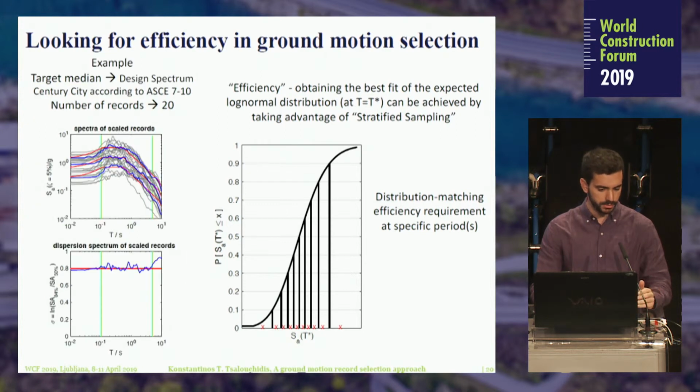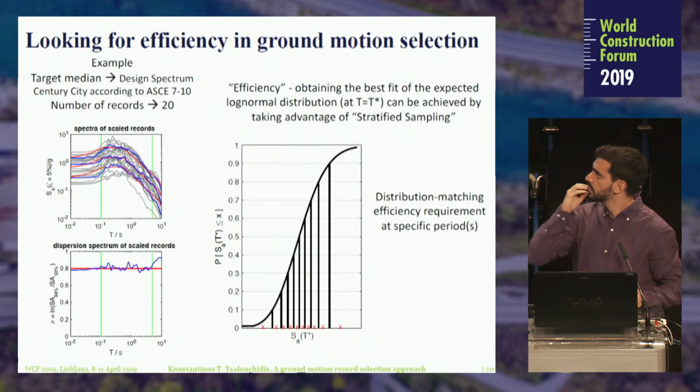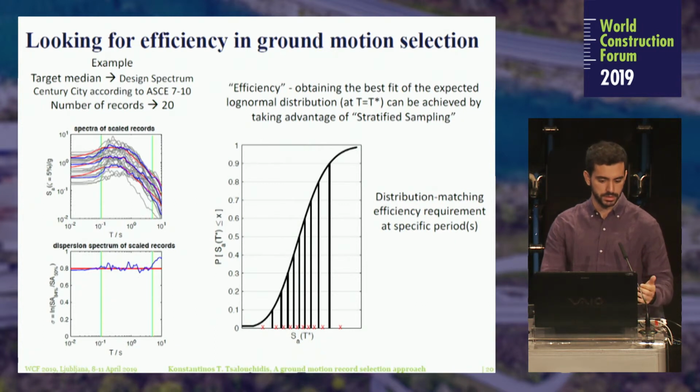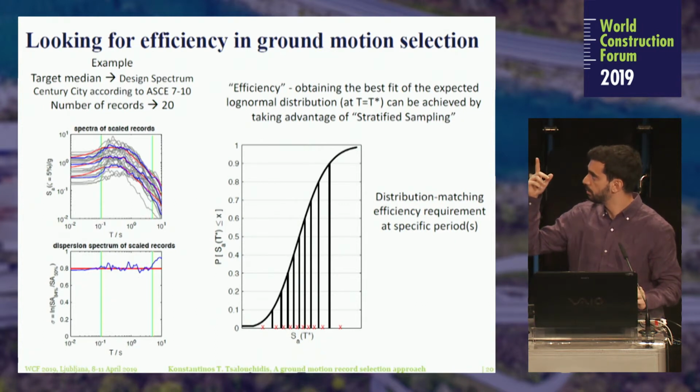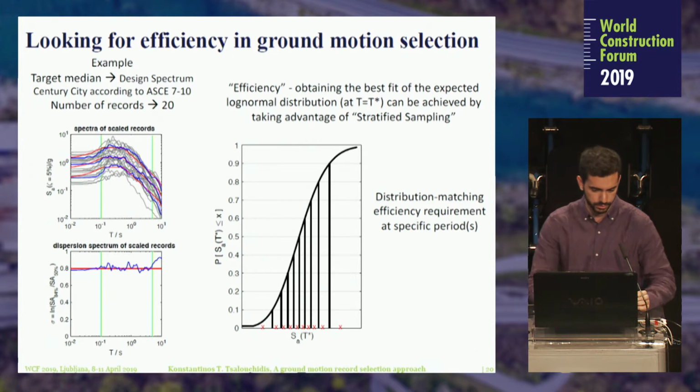And I will give you an example of how the procedure and this requirement might work. Here you can see a spectrum where the red lines are the targets and the blue lines are the records, medians and standard deviations. On the top plot you can see how the fit is on the 16th, 50th and 84th percentiles.